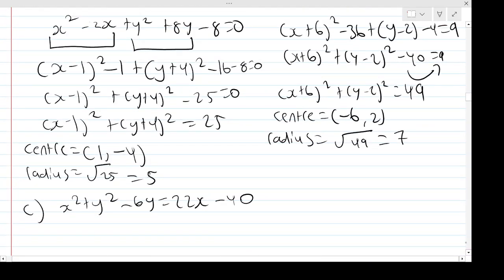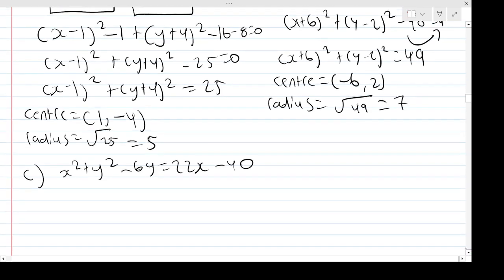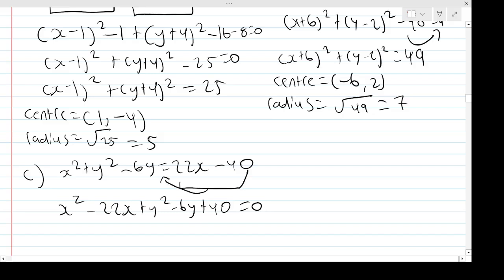Okay, so firstly, we need to group the x and the y parts together, but it's a bit weird, so I could just move everything to one side of the equation. So let's do x squared, then we minus 22x, then we have y squared minus 6y, then we add 40, and that will equal 0, because we moved all of this to the other side of the equation. The right hand side moves to the left.